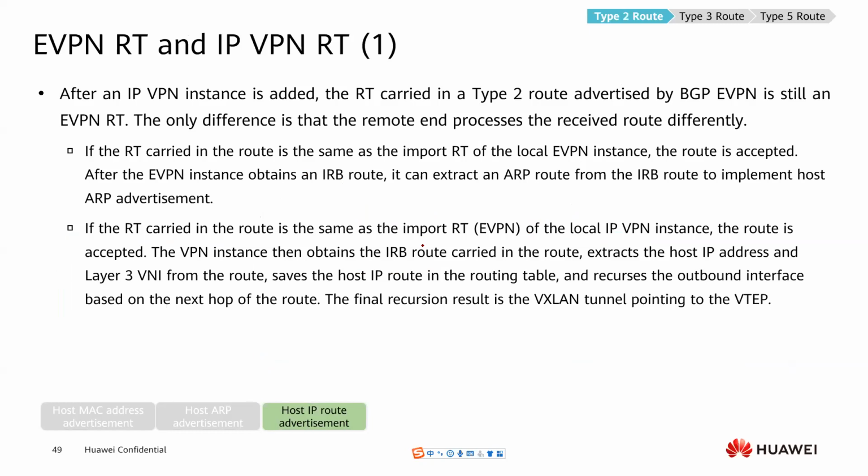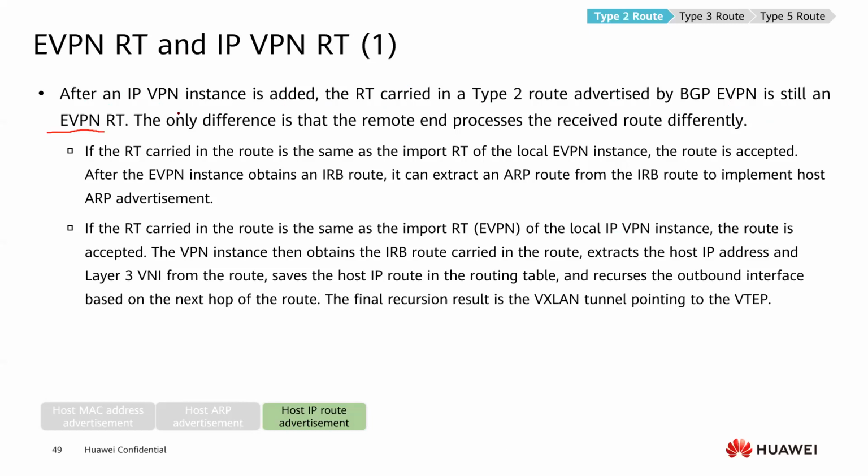So now let's look at how the EVPN RT values and IP VPN RT values work together. Let's look at the working rule. After a VPN instance is added, the RT carried in the type 2 routes is still an EVPN RT value.